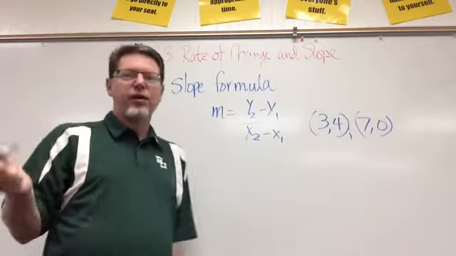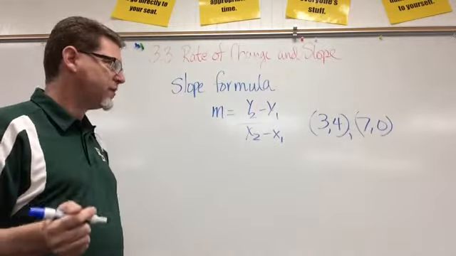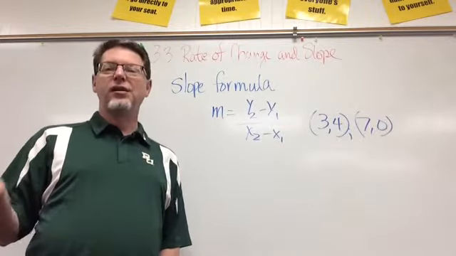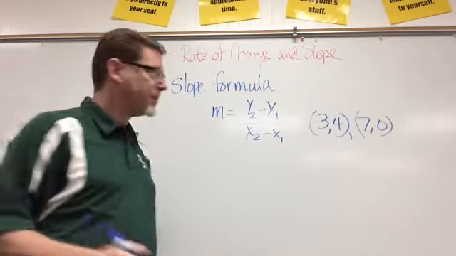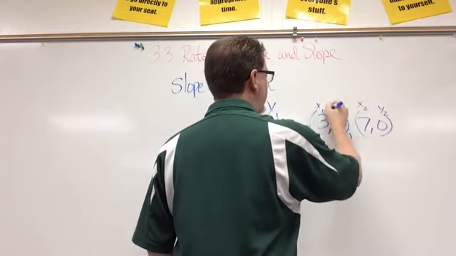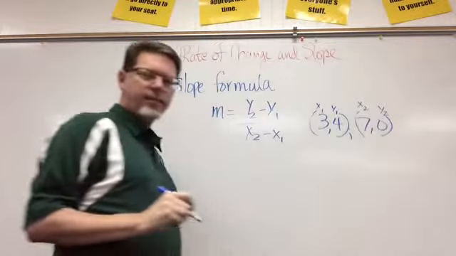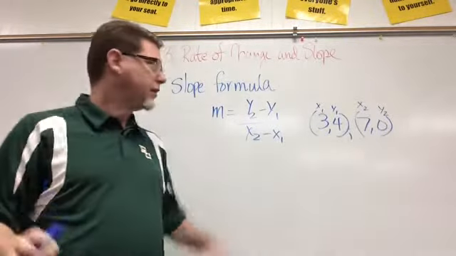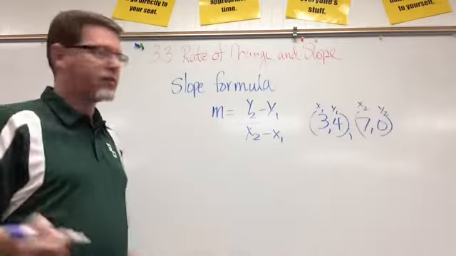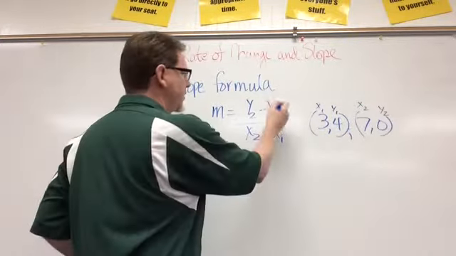Okay? I get to pick which ones are the 1's and which ones are the 2's. I tend to like to pick the bigger numbers as the 2's because that means I can stay away from some negatives. So I'm going to call this x2, y2, and this x1, y1. Okay? You can do whatever you want to. It doesn't matter. Just be consistent. Okay? So I'm going to say y2 minus y1.